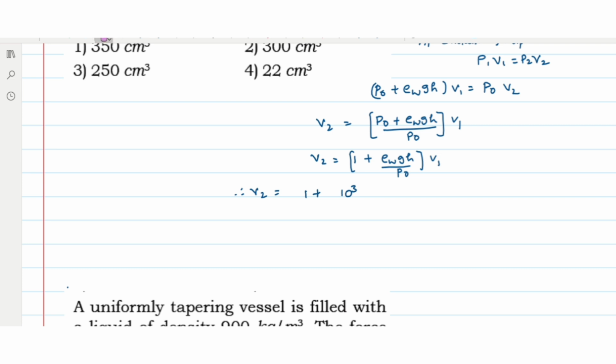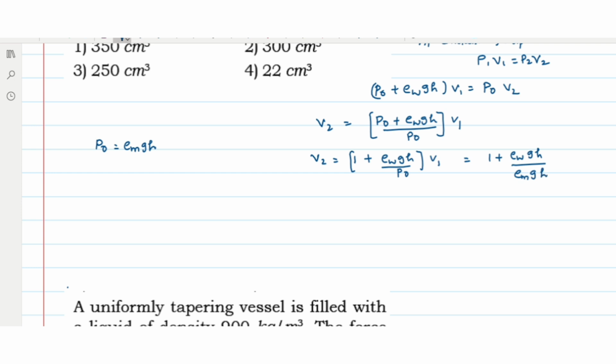Before that, for the atmospheric pressure value, you have to substitute P0, the atmospheric pressure, as density of the mercury into g into h. That is the value you have to substitute.